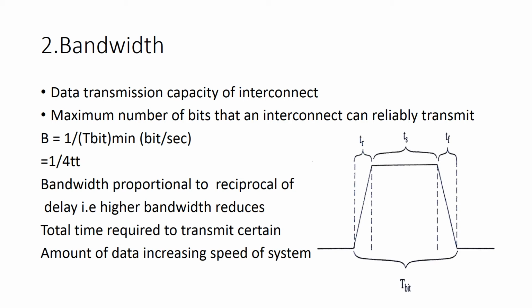Higher bandwidth reduces the total time required to transmit a certain amount of data, increasing the speed of the system. You can see here that T_bit is given as T rising plus T falling plus T_s. If you add all these times, that is your T_bit. So your bandwidth is inversely proportional to the T_bit.